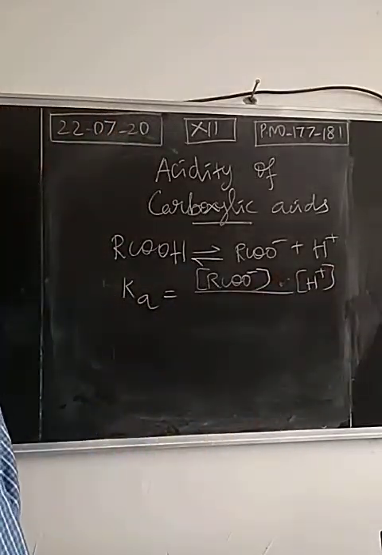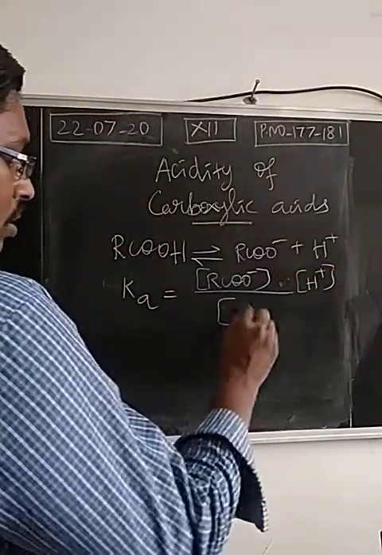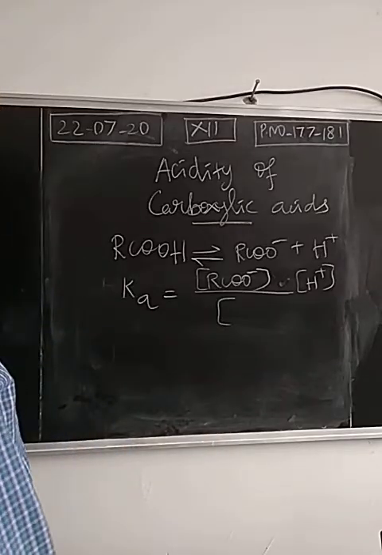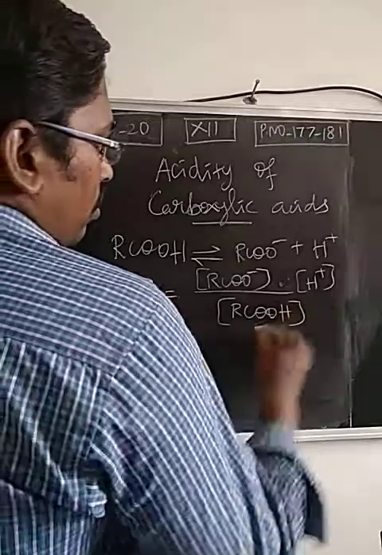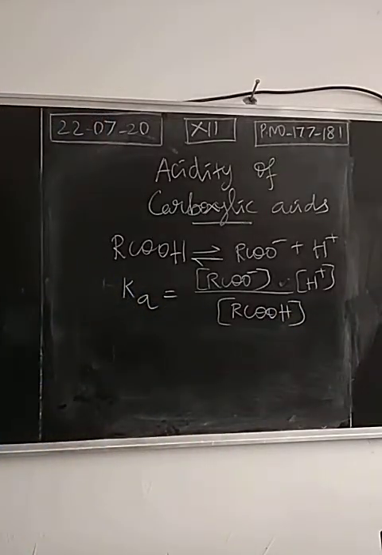Divided by the product of concentrations of reactants. We have only one reactant. So this is called a dissociation or equilibrium constant. Okay. So numerator value, concentration of products, denominator value, concentration of reactant.